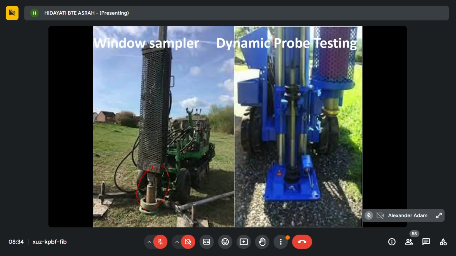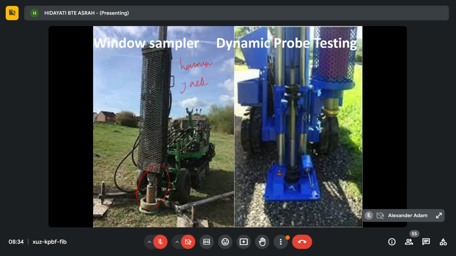The length is about 1 meter. They insert it into the ground using a lightweight percussion hammer, and then they extract the soil sample using a jack, in order to take out the soil sample.